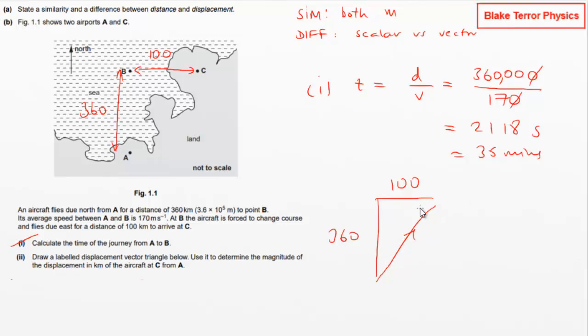If we've got 360 squared plus 100 squared, and then take the square root of that, we've got 373.6, so 374 kilometers from A to C. Okie dokie.